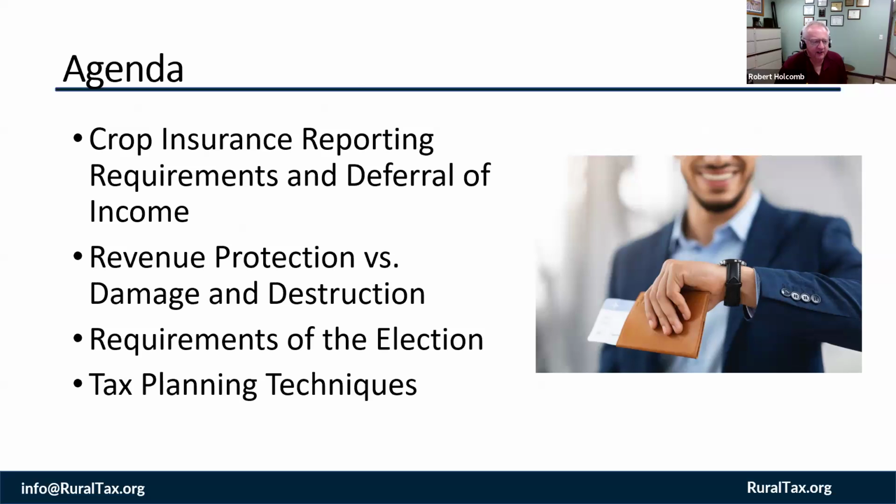Now, agenda-wise, what we want to start off talking about, and the focal point of today's program, is the crop insurance reporting. Largely, folks, the reason that this is coming up is we had some really, really devastating weather events around the country, especially back in June.